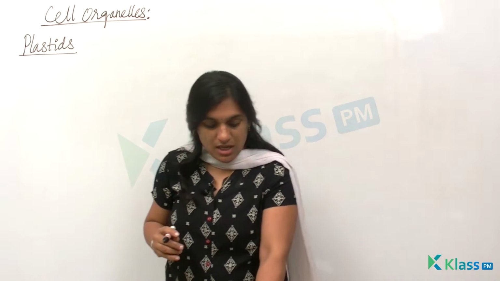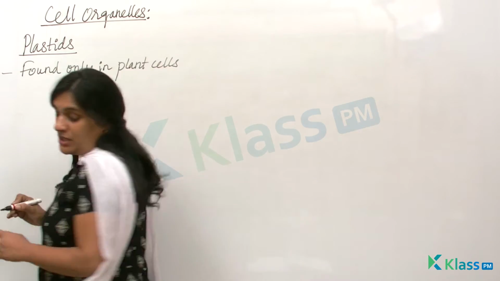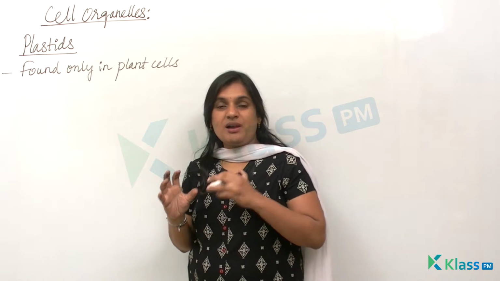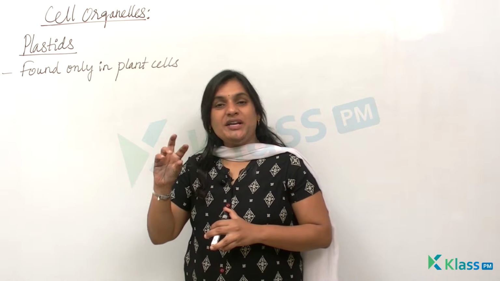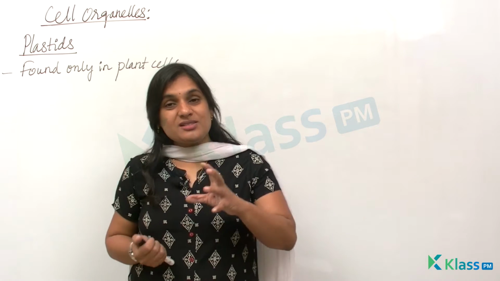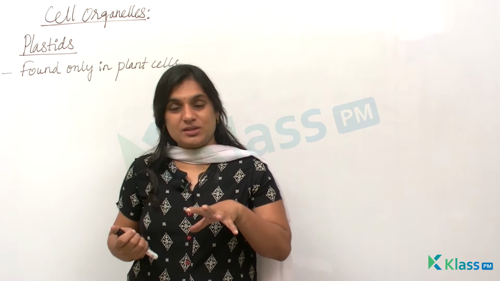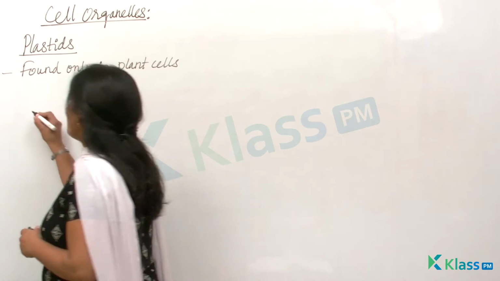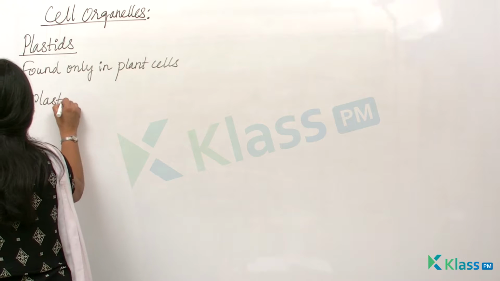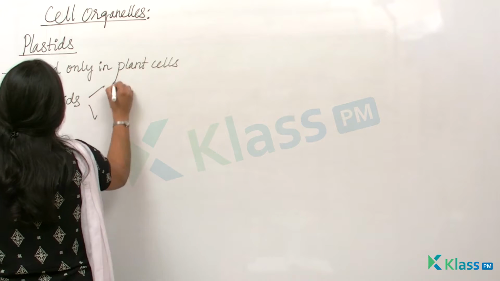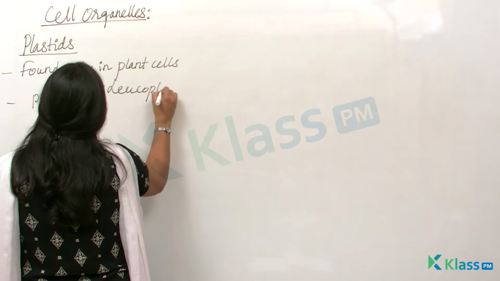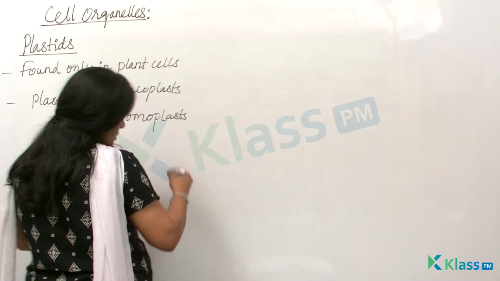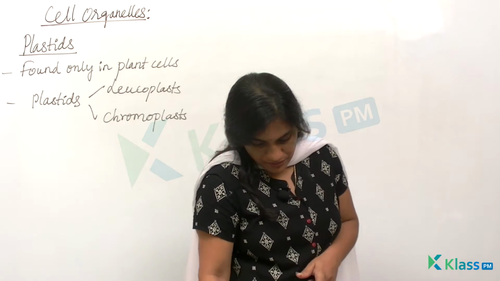When you look at a plant cell under the microscope, there are plastids present which have chloroplasts in them. And there are two types of plastids. Plastids are categorized into two types as leucoplasts and chromoplasts.